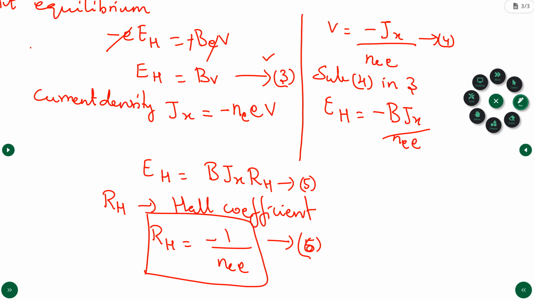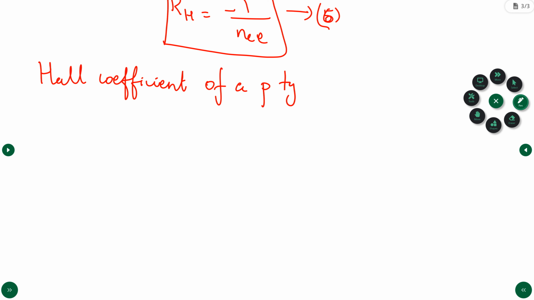Okay, let us do that. Have you copied up to this? Okay, so next we can write the Hall coefficient of a P-type semiconductor.